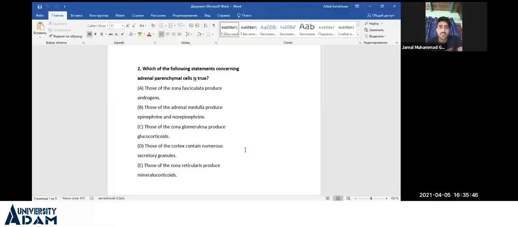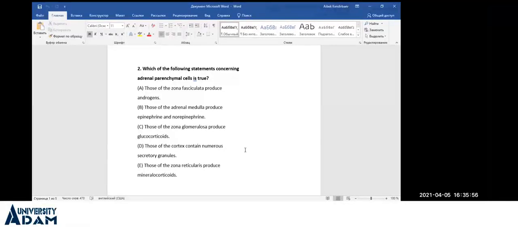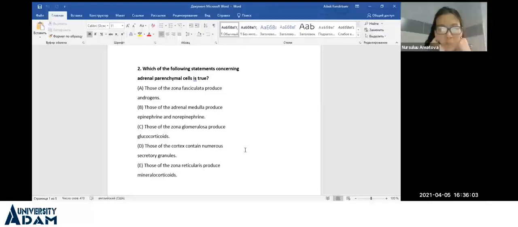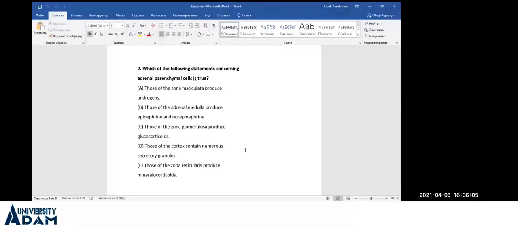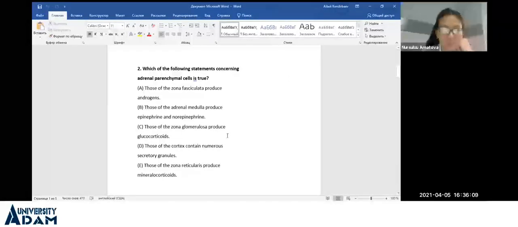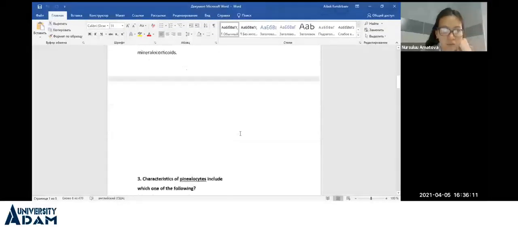D, those of the cortex contain numerous secretory granules. E, those of the zona reticularis produce mineralocorticoids. Which one? Ma'am, B. Okay, good.